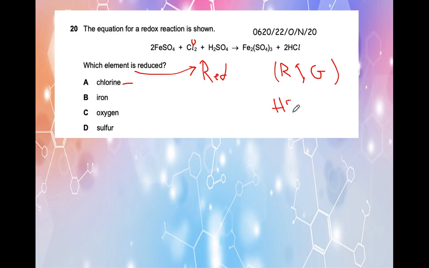HCl equals 0. The hydrogen is +1, so the chlorine will be -1. So it decreases, 0 to -1. So it is a reduction process. So it is reduced. So the answer is A.